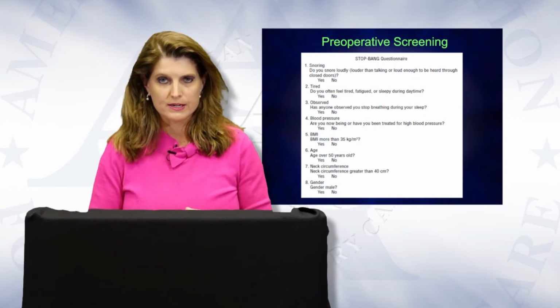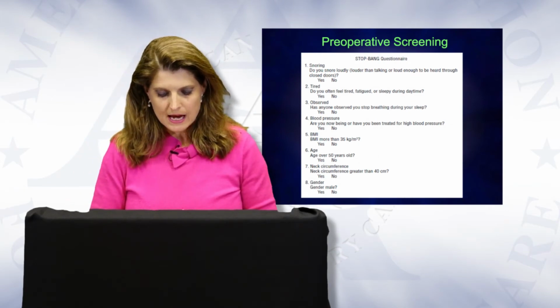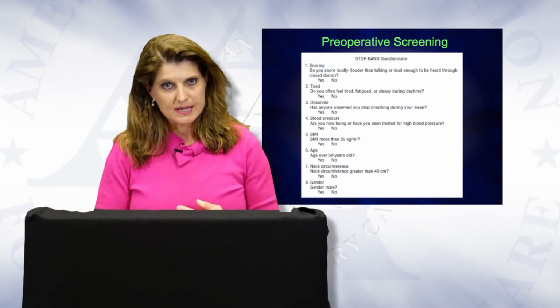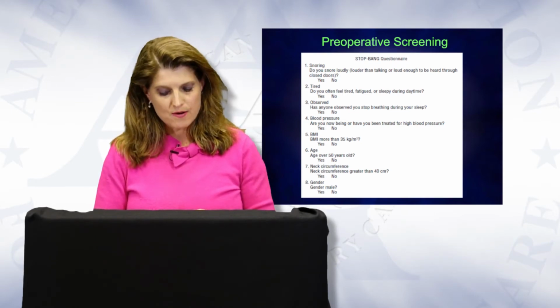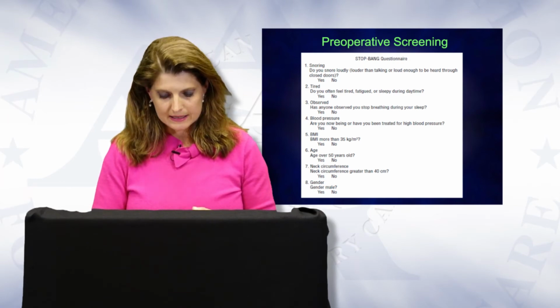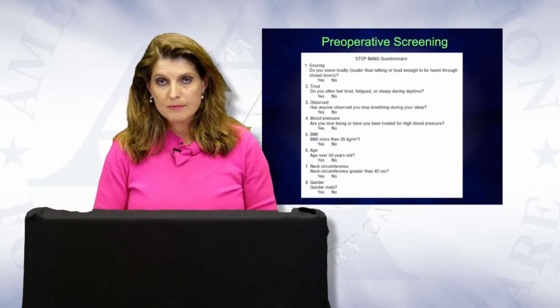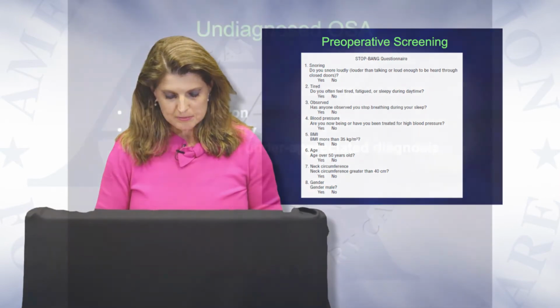Patients who score 1 to 2 have a low probability of OSA. Scores between 3 and 4 have an increased potential, whereas patients who score greater than 5 have a high likelihood of moderate to severe obstructive sleep apnea and should probably be referred for a sleep study.